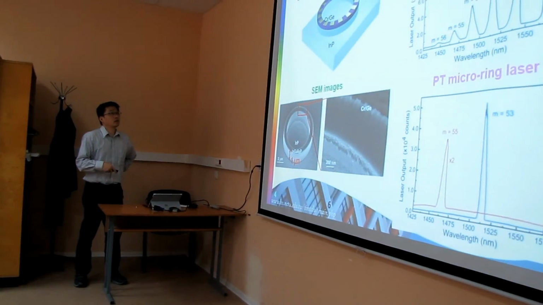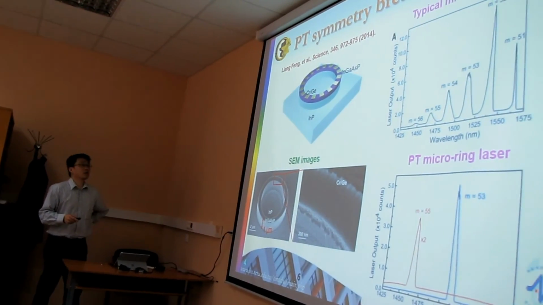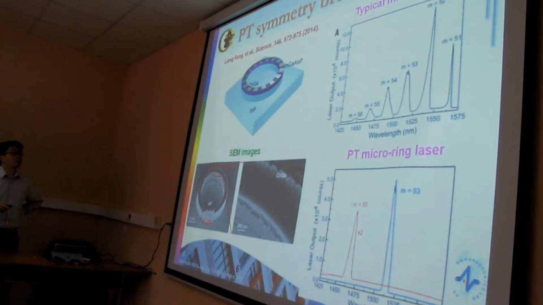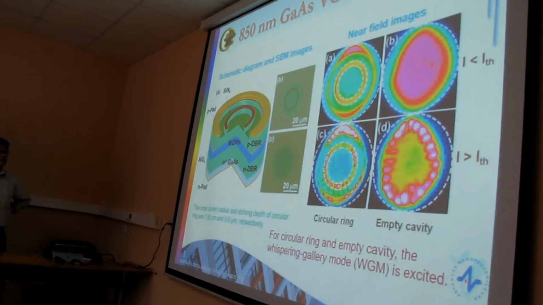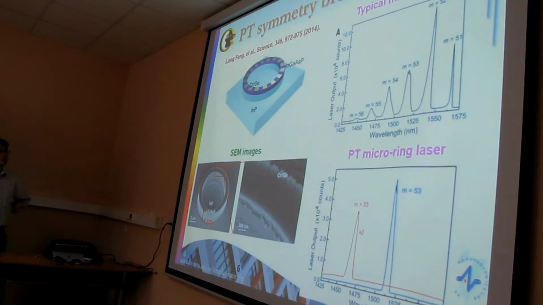In 2014, the famous group of UC Berkeley proposed a PT microring laser. This is their schematic, and the SEM image is shown here. The depth is about 1 micrometer.